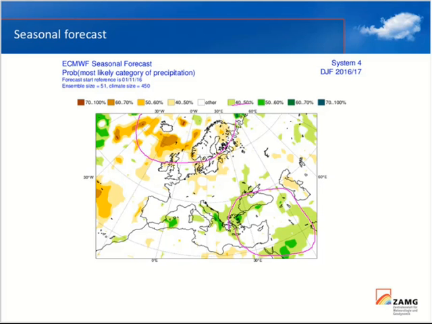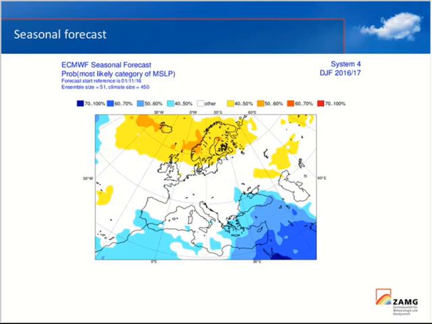And why is it like that? So you also have the most likely category of mean sea level pressure. You can all find this on the ECMWF homepage, and they're all freely available. All you have to do is just sign up for it. And here's the mean sea level pressure. And you see there's a positive anomaly over the northern parts.